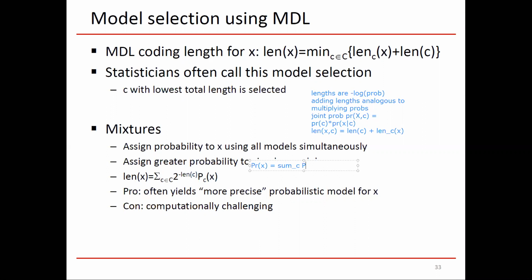For each C, we're taking the probability of that C multiplied by the probability of X given C. Now, let's think about what's going on here, and later I'll update the slide accordingly.